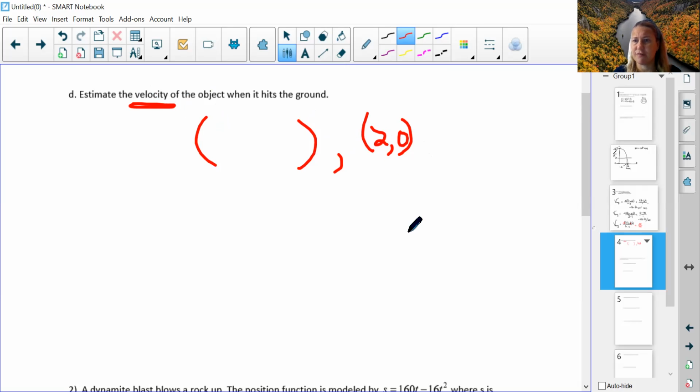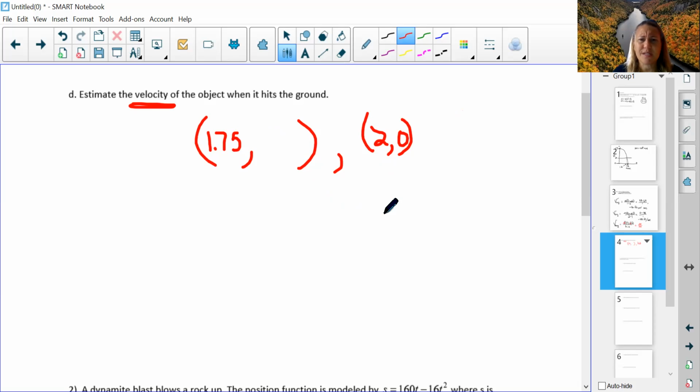That's a very subjective term. What does it mean to be close? If I picked 1.75, and then F of 1.75, which I could find on my table because I counted by quarters, that would be close and give me a decent estimate. Again, that's a quarter of a second, and a lot can happen in a quarter of a second.